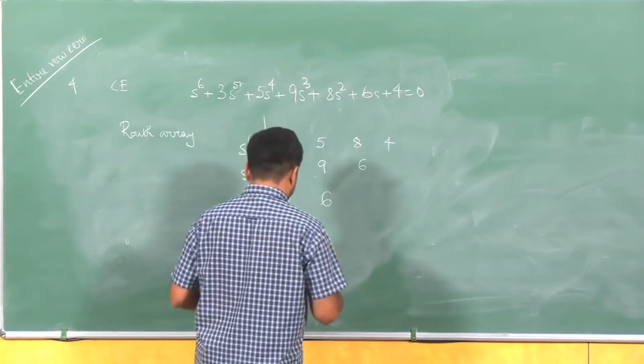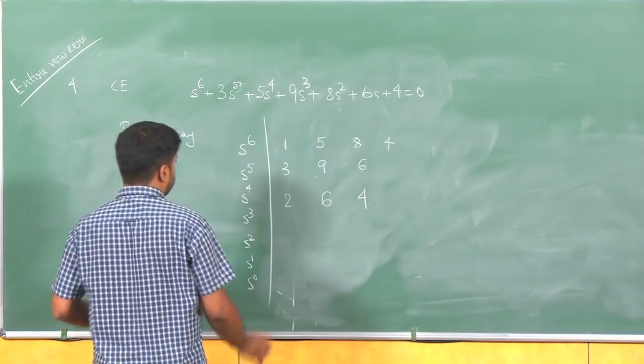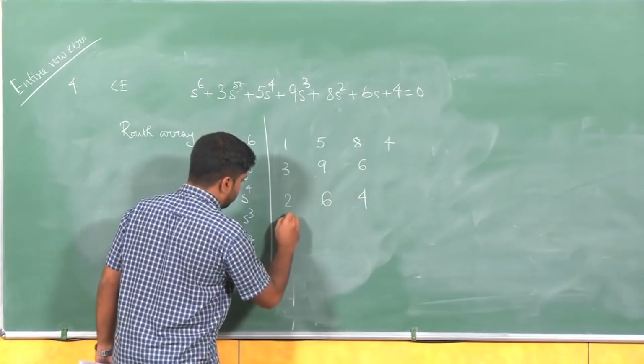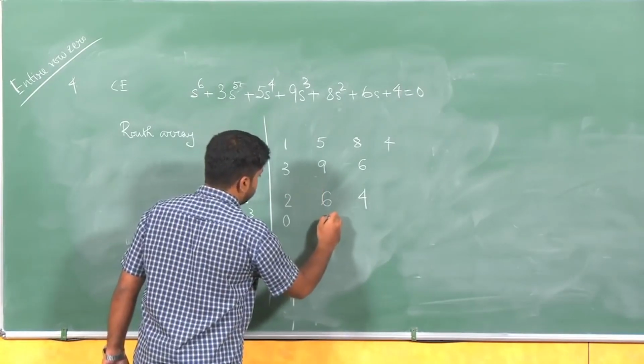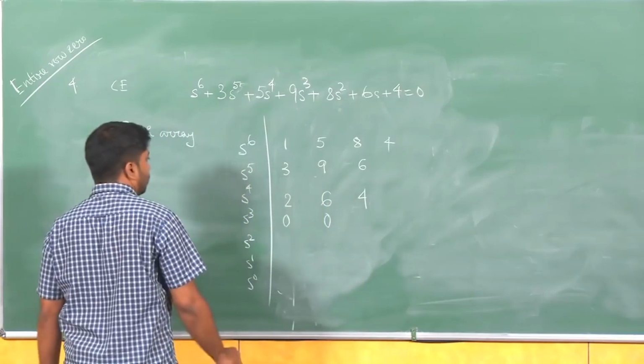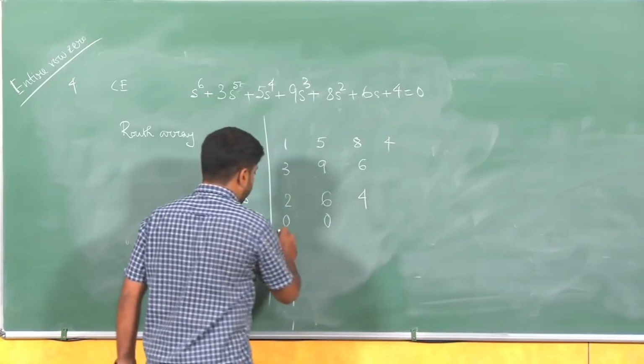Okay, and last term is 4. Okay. So, now for s to the power 3 all the terms are 0, 18 minus 18 0, 12 minus 12 0. Okay. So, we get here 0.